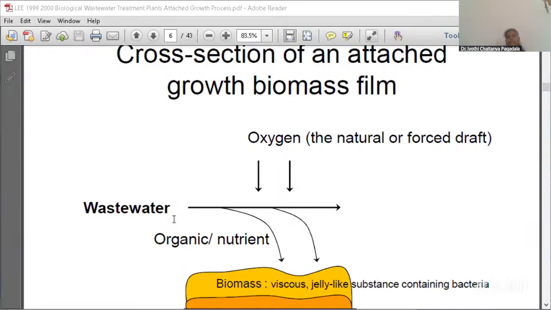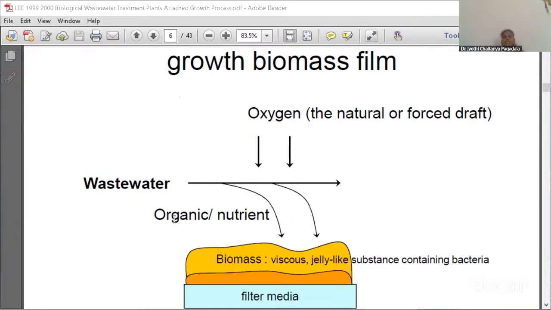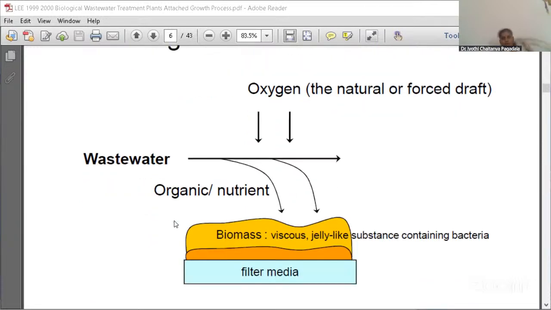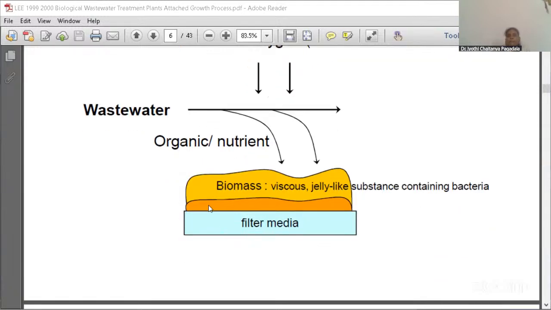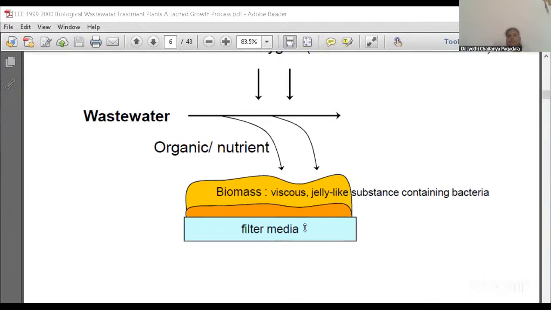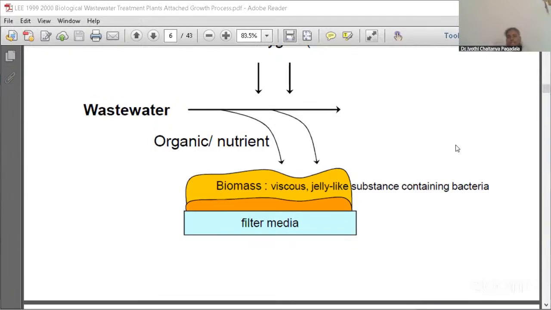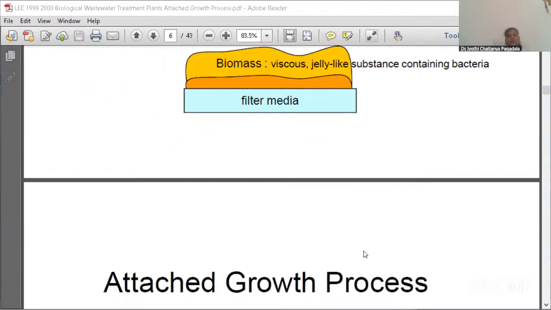If you look at the biological film, you can see the presence of oxygen and wastewater. It contains a biomass, a viscous, jelly-like substance containing bacteria on the filter medium.